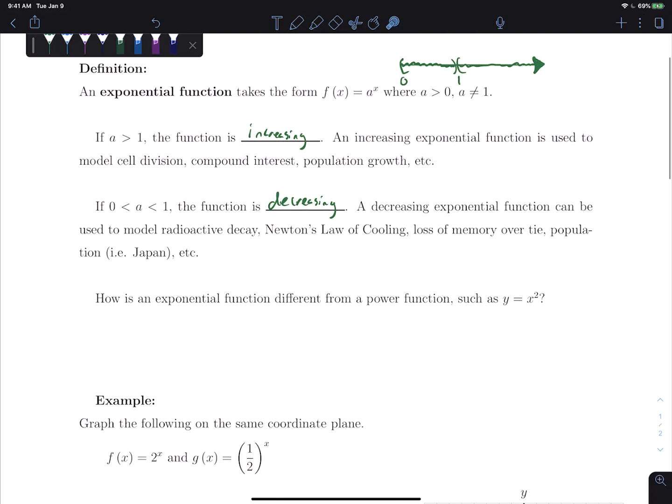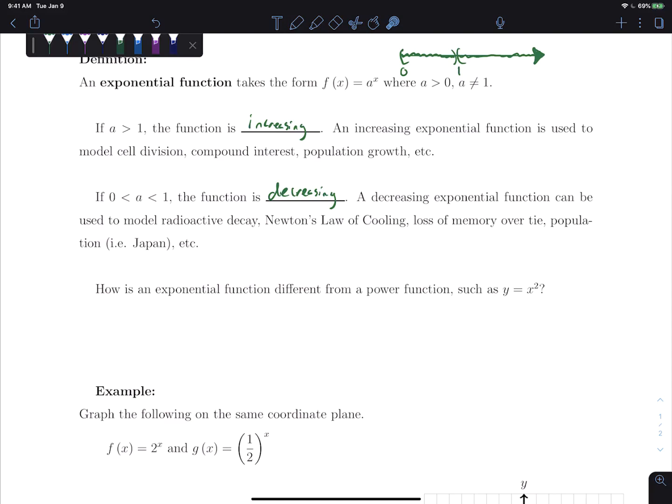The question becomes, how is an exponential function different from a power function such as y equals x squared? Okay, so here's the thing. Let's say y equals x squared is the polynomial function.